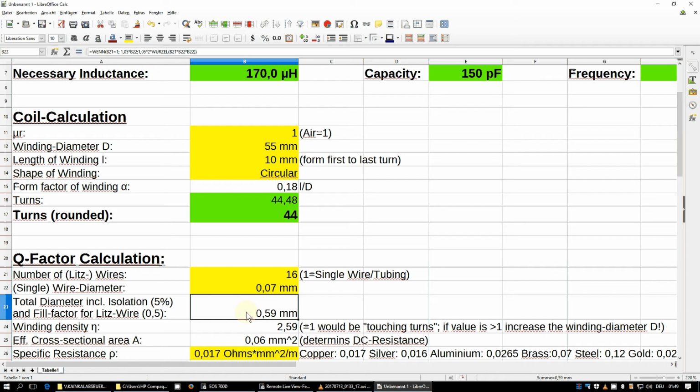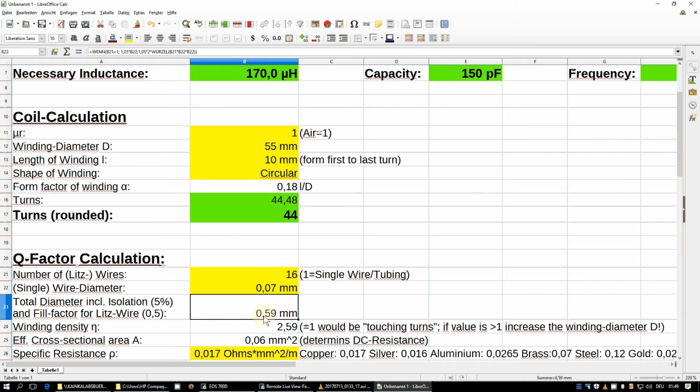So the turns are not lying as in a solenoid coil, turn near turn or turn to next turn. There is a separation of double the diameter. In our case, if we have 0.6 millimeter diameter, the distance from one turn to the next is in fact 1.2 millimeter, double the diameter of your Litz wire.